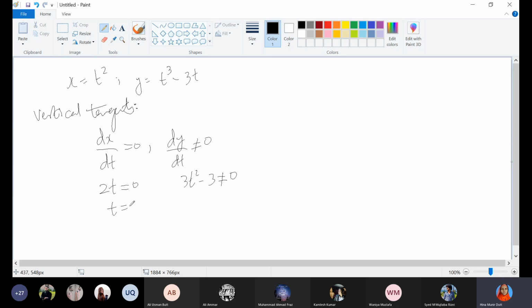This implies that t is equal to 0, and when I put t is equal to 0, this is not equal to 0. So this is satisfied. So t is equal to 0. For t is equal to 0, my point is x is equal to 0 and y is equal to 0. So the curve has a vertical tangent at the origin, that is 0, 0. This is my required point. Okay.